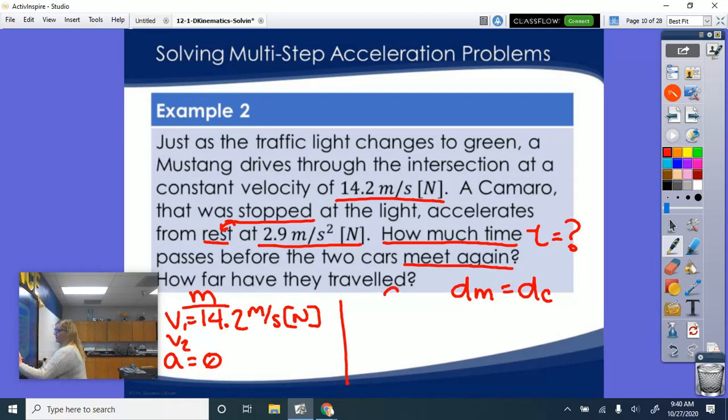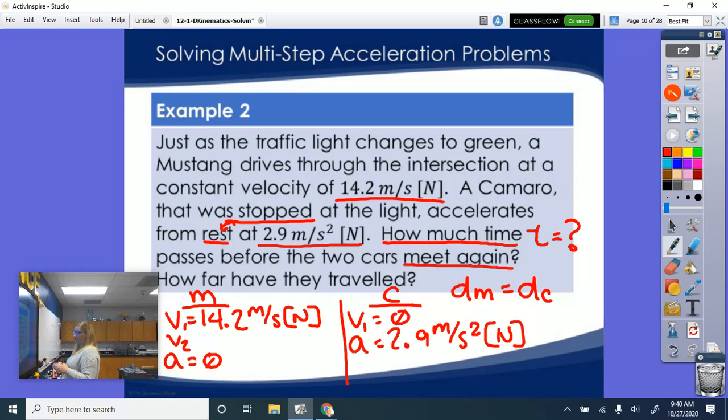And then my Camaro was stopped at the light, so its initial velocity was 0, and it's accelerating from that rest at 2.9 meters per second squared north. And how much time before the 2 cars meet again? So I want my distance for my Mustang and my distance for my Camaro to equal each other, and then solve for that time that it's going to take to do it.